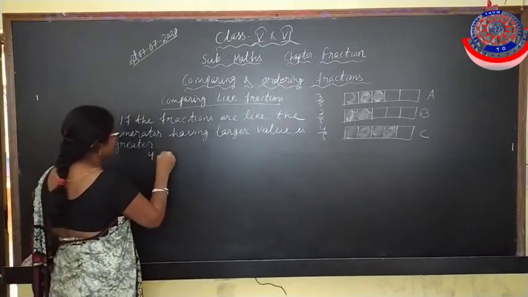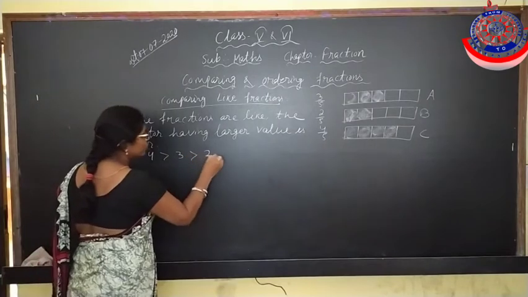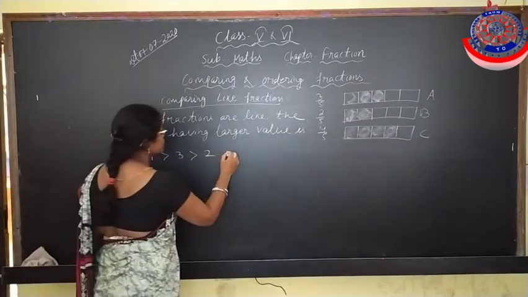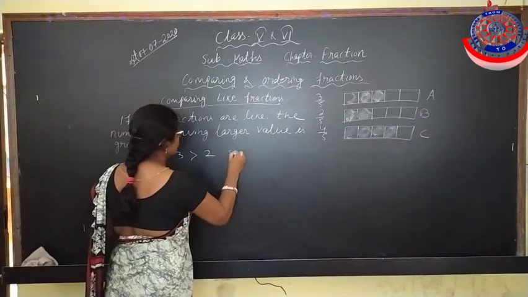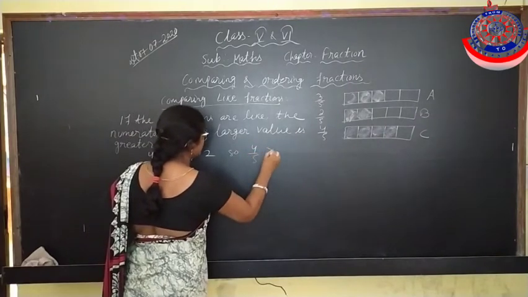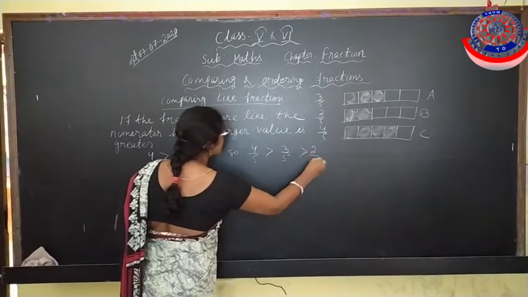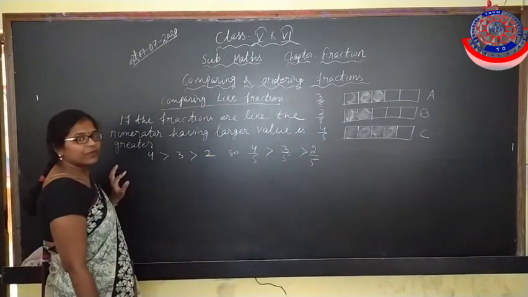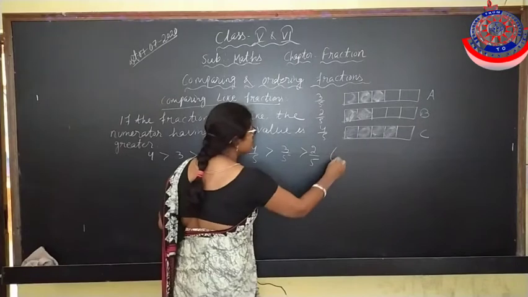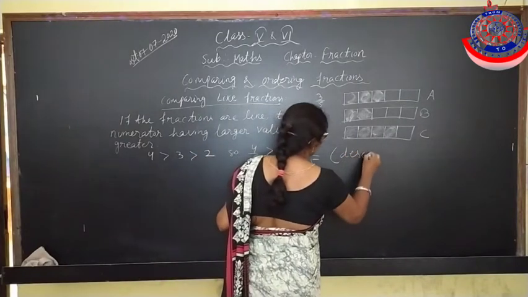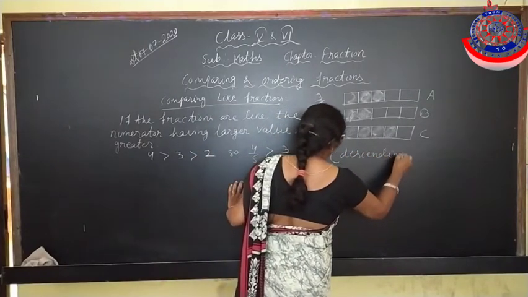Like 4 greater than 3 greater than 2. That means 4 by 5 greater than 3 by 5 greater than 2 by 5. Clear? Now they are arranged in descending order.